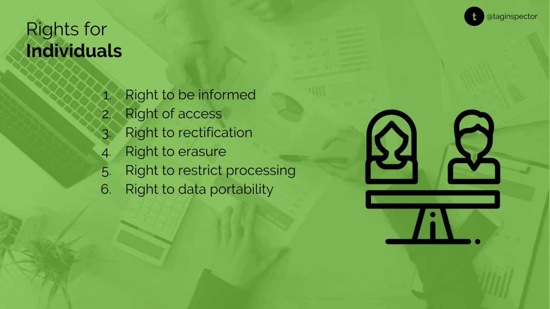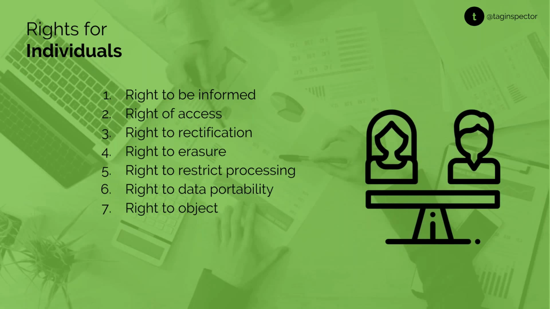In some cases, it might be required that you transfer that data to another controller, but it's not a requirement that you maintain or create processes in order to be able to do so at any point in the future. Number 7, for the rights of individuals, is the right to object. People have a right to object to processing based upon a legitimate interest, processing for direct marketing, and processing for purposes of any sort of research and statistics.